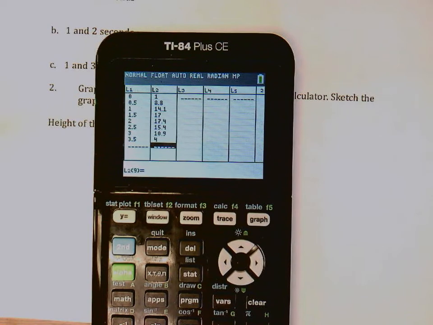Because you're going to be using regressions a lot this year and finding the correct model for different situations.